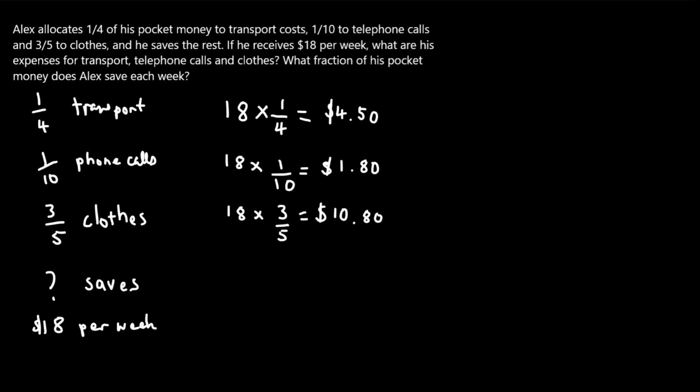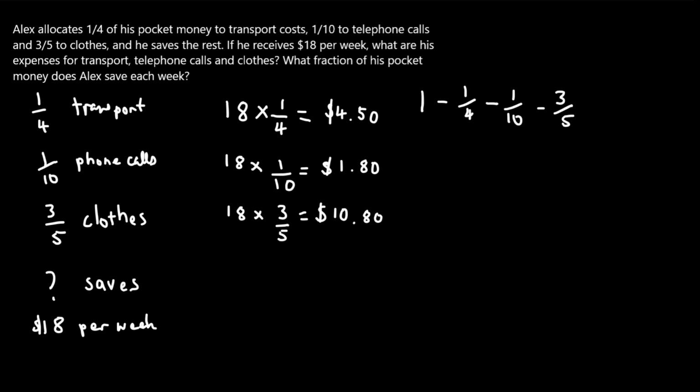Now, we've worked out how much money he's spending, but how much is he saving? So if we think of $18 as one whole, because that's the entirety of his pocket money, how much is he spending? Well, he's spending 1/4 on transport, 1/10 on telephone calls, and 3/5 on clothes.